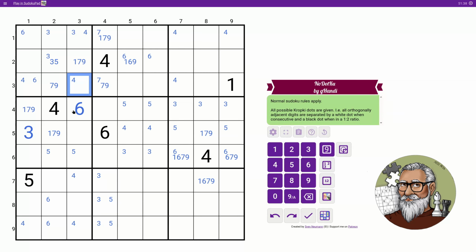We couldn't have 3. We can have 4. We can't have 5 or 6 or 7 or 8 or 9. Okay, so that's worth pencil marking. We could have 2. Could have 4. And that's it.